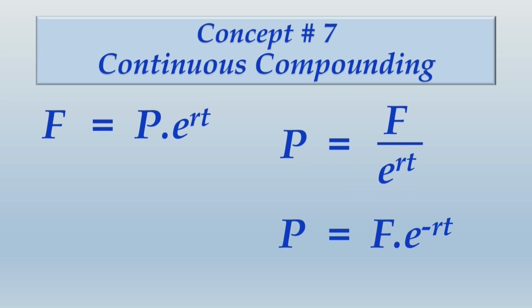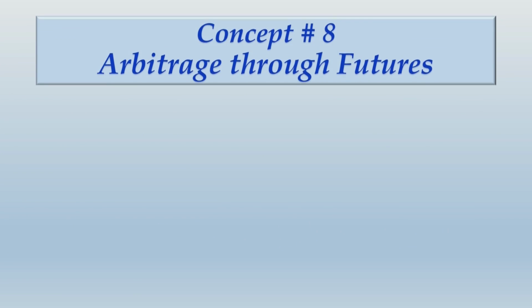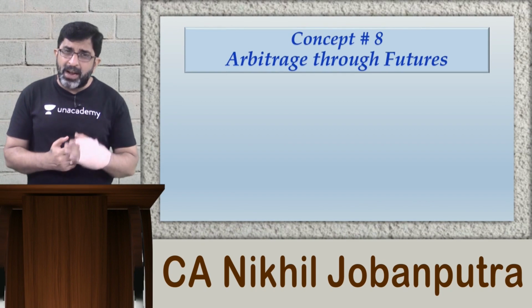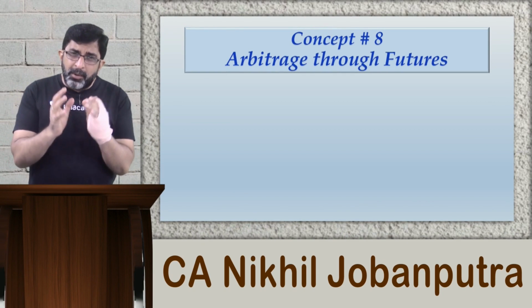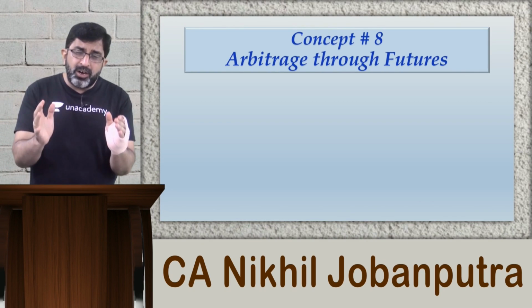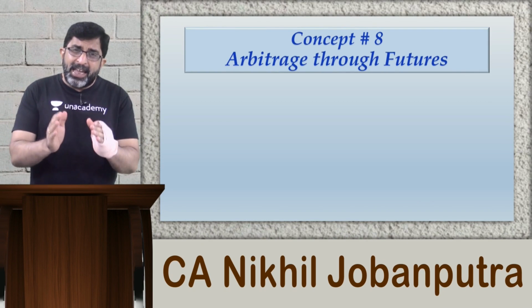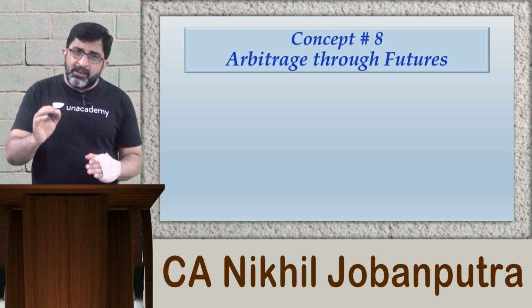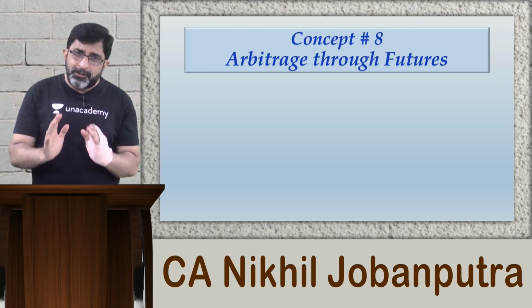Let me take you ahead with concept number 8, that is arbitrage using futures. Now friends, based on the example that we have just covered through question number 1, if you can summarize and recall what you learned out of that. In any question of arbitrage using futures, you will be given some typical type of information.